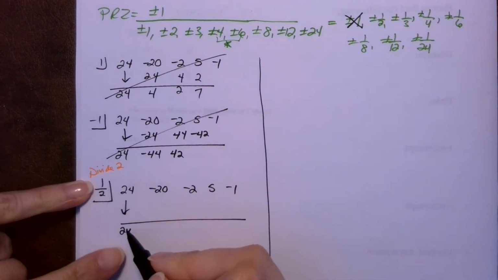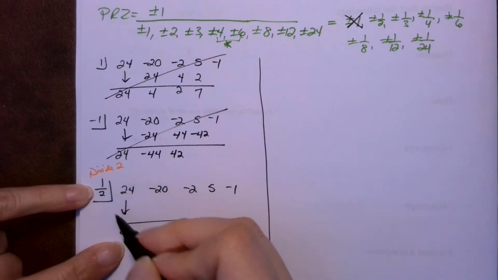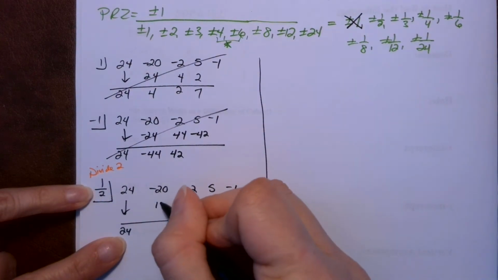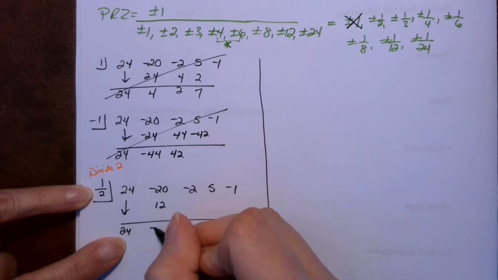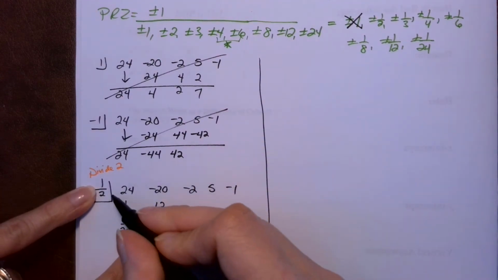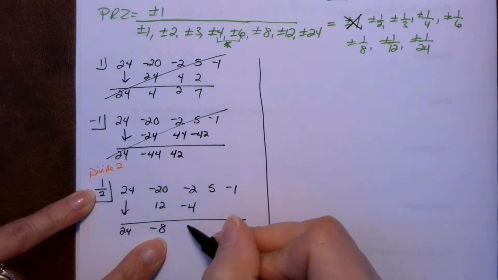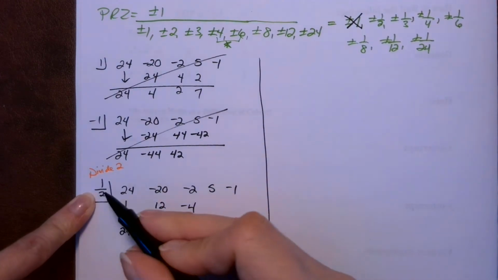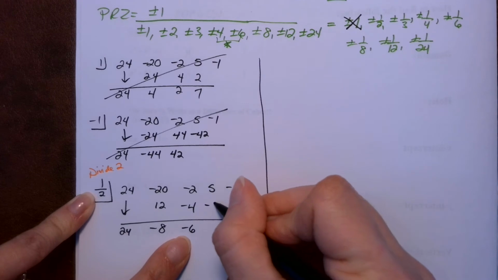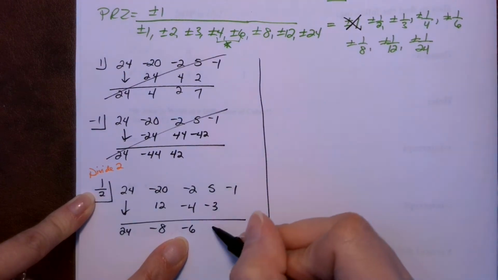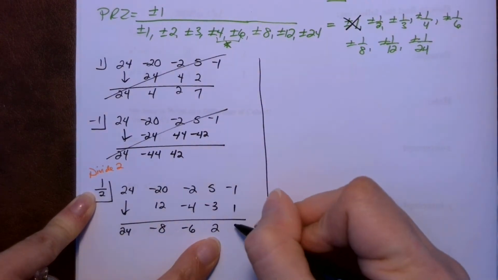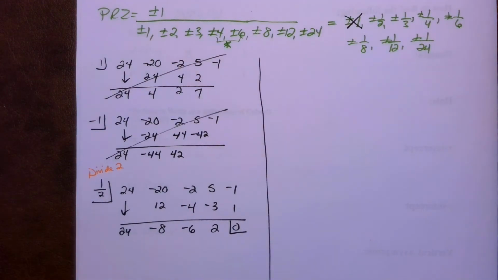You could say half of it, and the answer is 1. Add this together, negative 19. What's half of that? Negative 9.5. And we have negative 11.5. Half of that is negative 5.75. We found it. We found it.